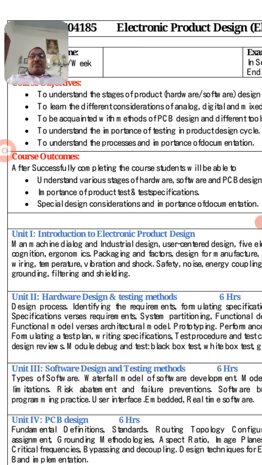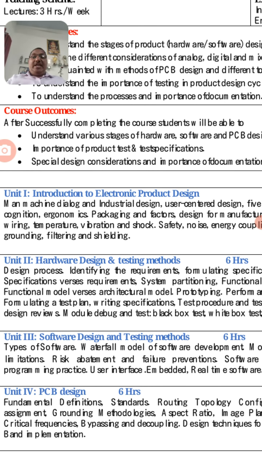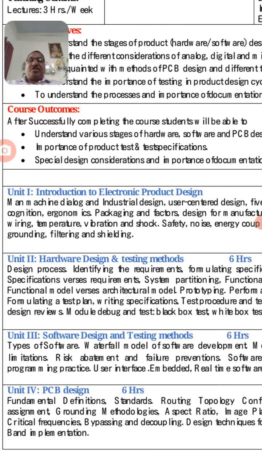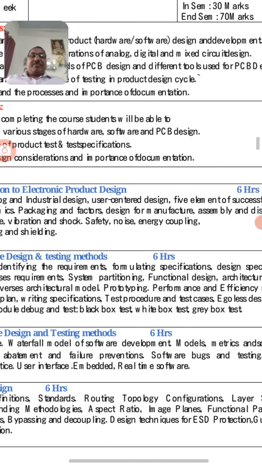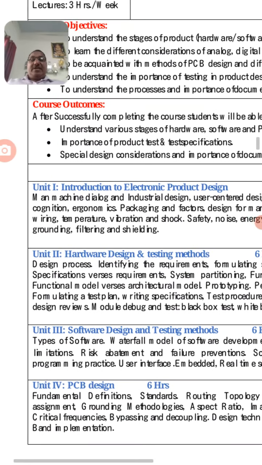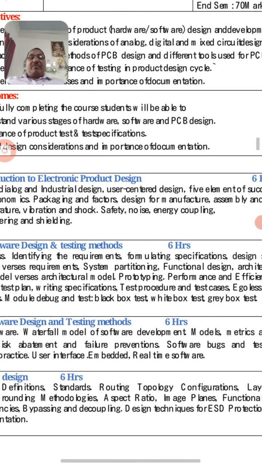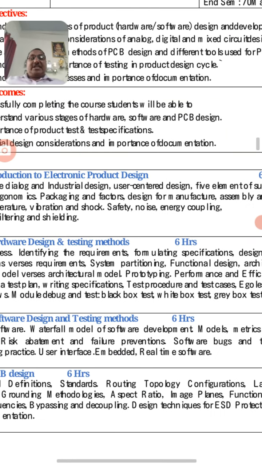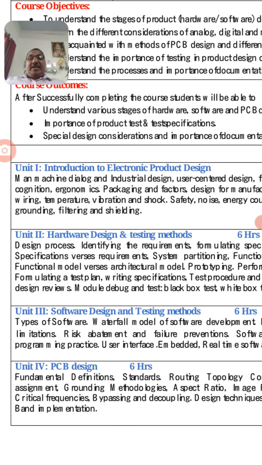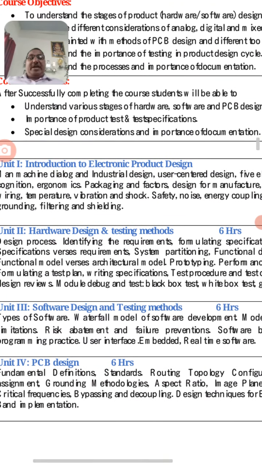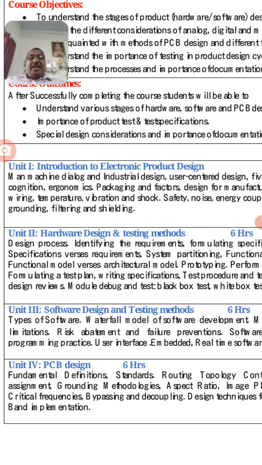Let us see the unit wise syllabus. Unit 1 is introduction to electronic product design, under which there will be points like man-machine dialogue and industrial design, user-centered design, 5 elements of successful design, cognition, ergonomics, packaging and factors, design for manufacture, assembly and disassembly, wiring, temperature, vibration and shock, safety, noise, energy coupling, grounding, filtering and shielding.